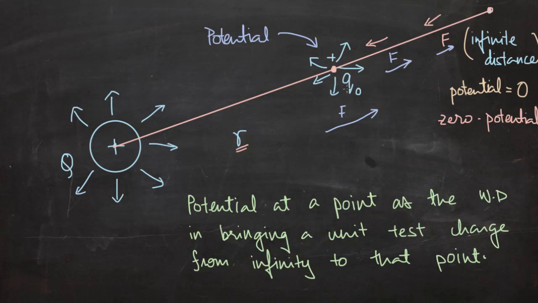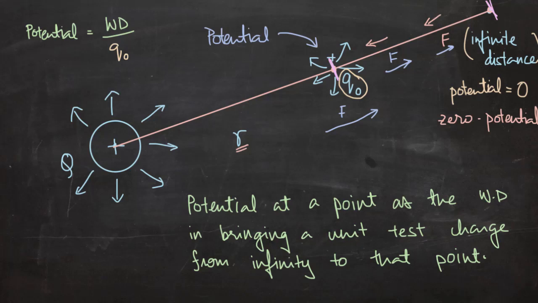In our example, we took this charge to be a charge of Q naught, positive, but much smaller than the charge capital Q. So if I move from infinite distance to the distance of r, my potential will be equal to the work done in moving this charge from here to here divided by the magnitude of that test charge Q naught.